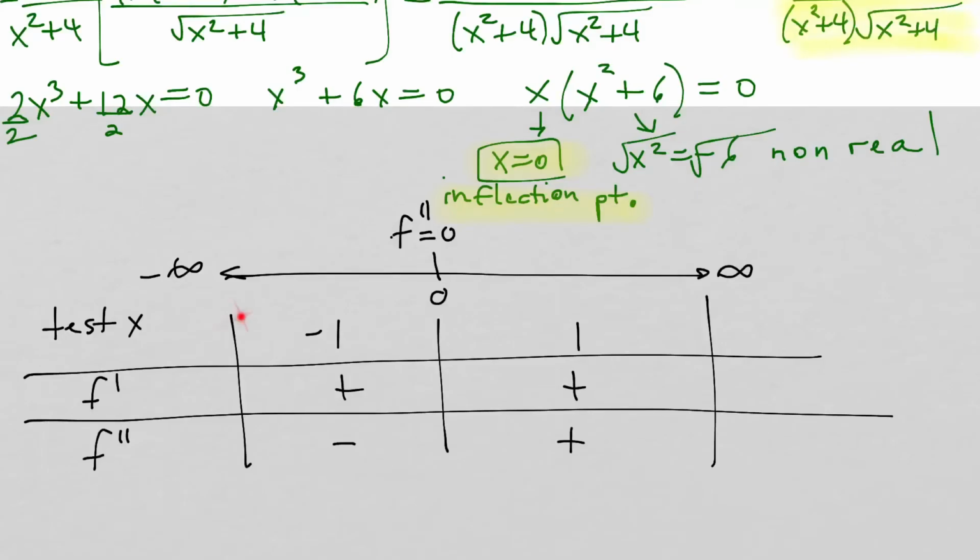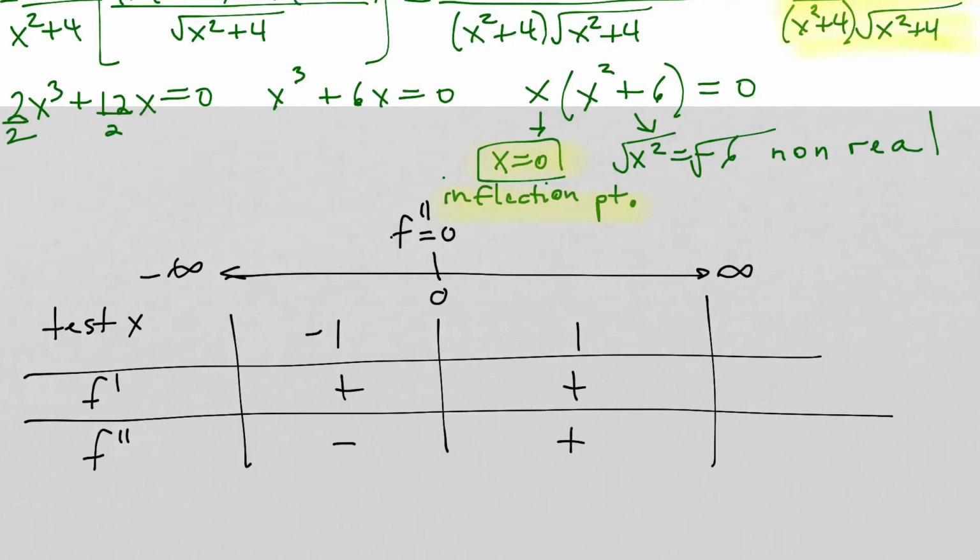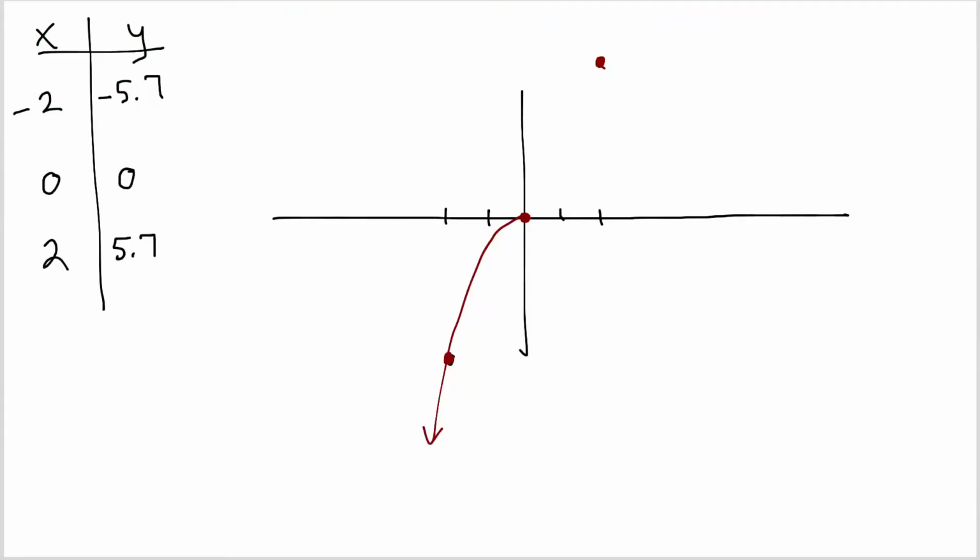All right, now let's go back and look at my concavity intervals. So between negative infinity and 0, I'm uphill, concave down. Uphill, concave down. All right, and then looking at my table, between 0 and positive infinity, I'm uphill, concave up.